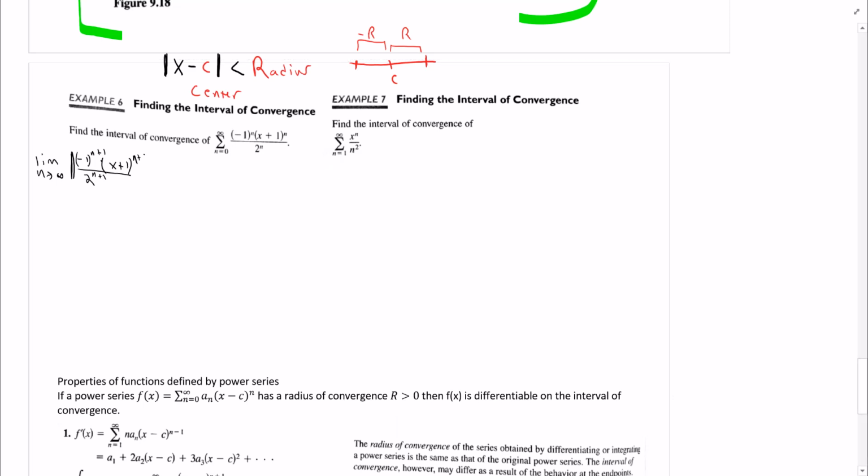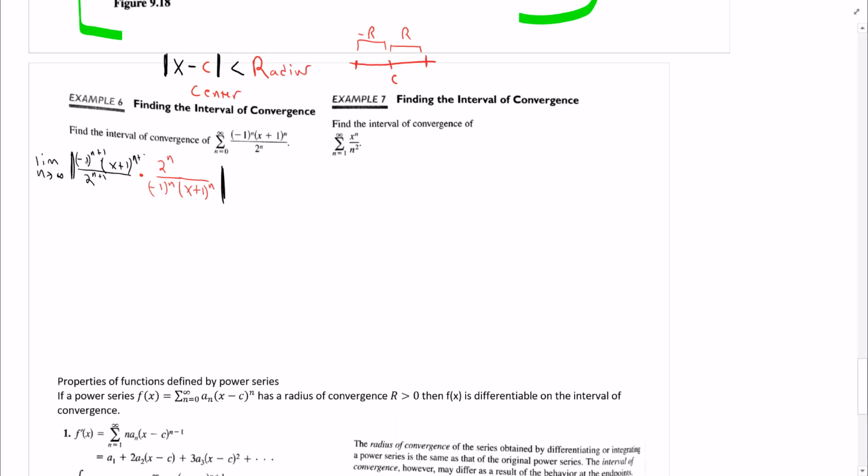And instead of dividing by the fraction, we're going to multiply by the reciprocal. Like such. And then we'll do all our tricks and whatnot.